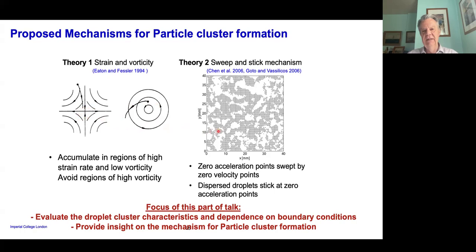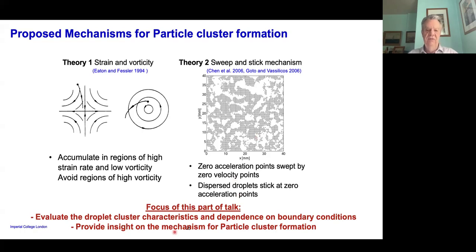And there is a different approach which uses zero acceleration points or zero velocity points to identify regions where you get these particles sticking, and as a consequence forming structures.